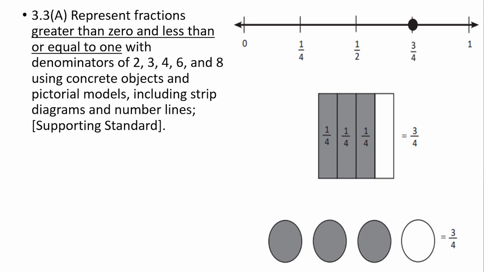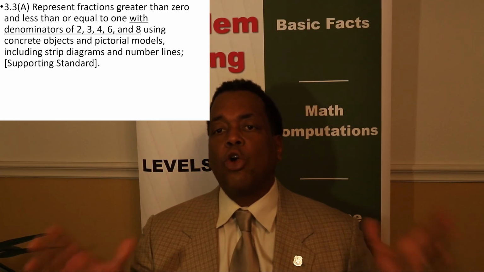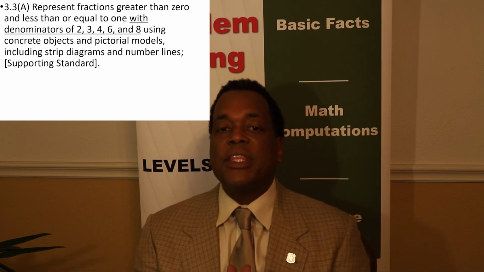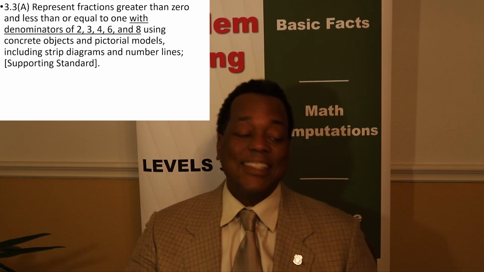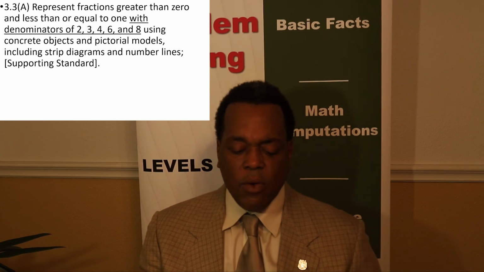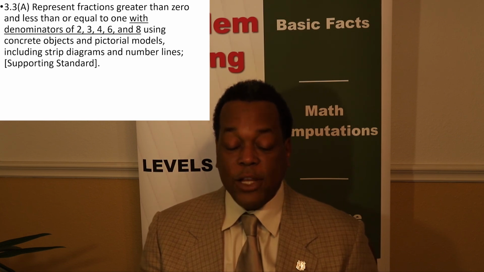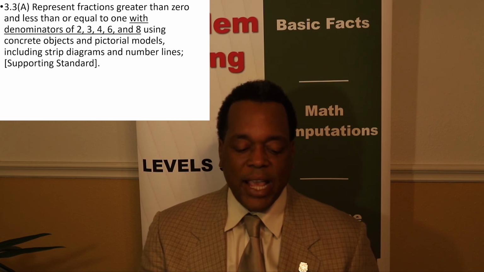Now let's move on to the next part of the standard. After we represent fractions greater than 0 and less than or equal to 1, we're going to have to do that with denominators of 2, 3, 4, 6, and 8. Now, the denominator, as you've learned in previous lessons and in previous grade levels, is at the bottom.